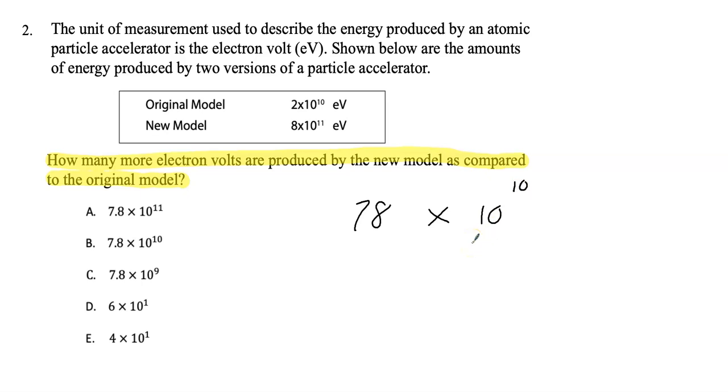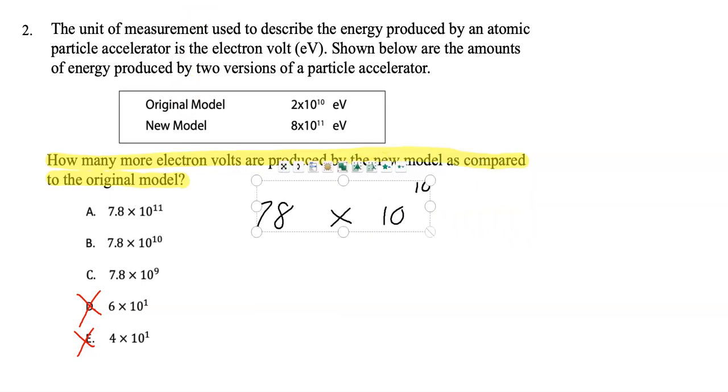So, we eliminated D and E. Now, looking at this, there is another answer choice we can eliminate. Do you see it? Let me give you a hint. It's going to be B right here. Let me explain how I know B can't be the correct answer. B says the answer is 7.8 times 10 to the 10th.